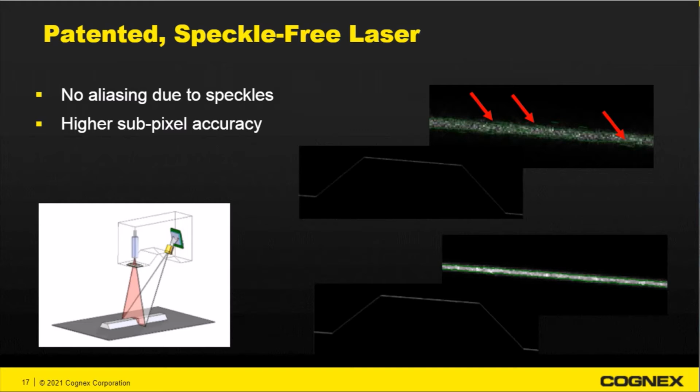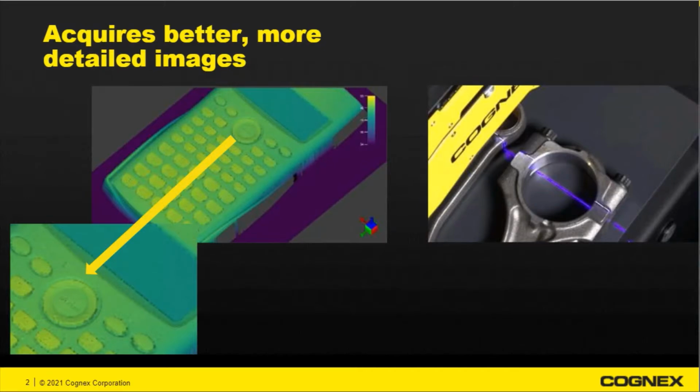So here we even have a much higher sub-pixel accuracy to be able to process details much better. So basically, this requires a more clear and crisp 3D image that will help you with your 3D inspections.